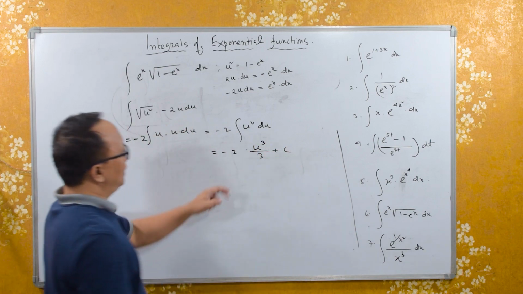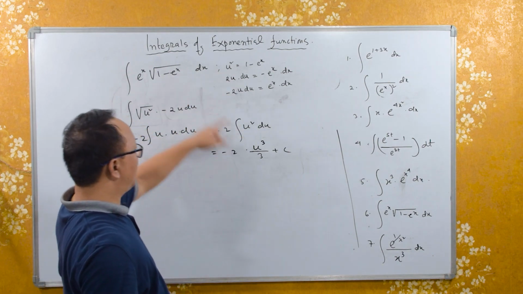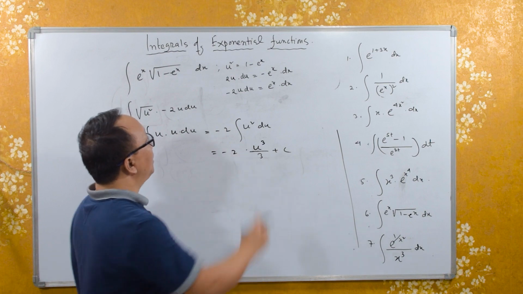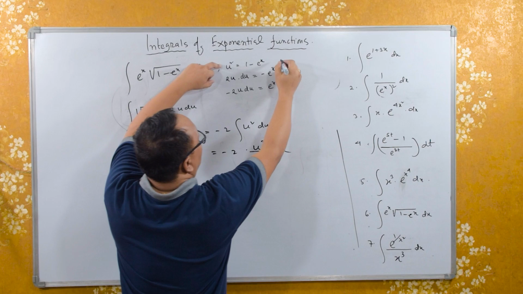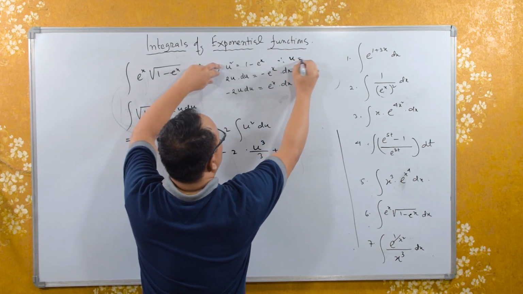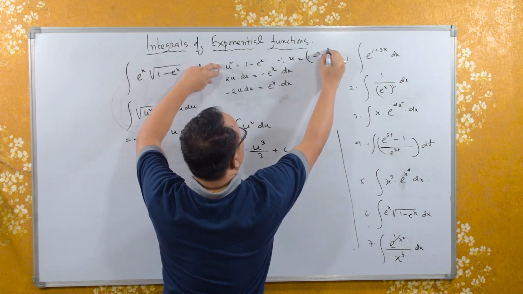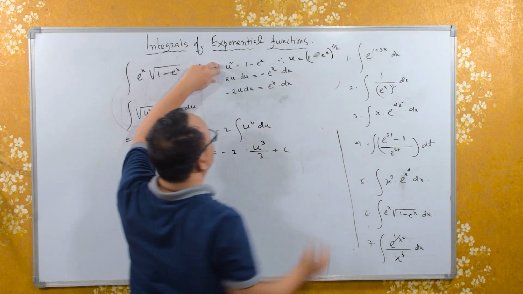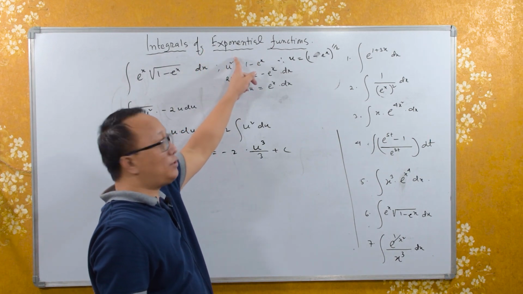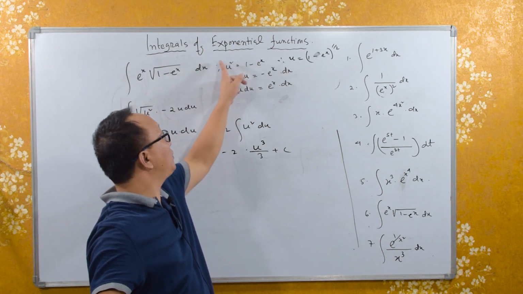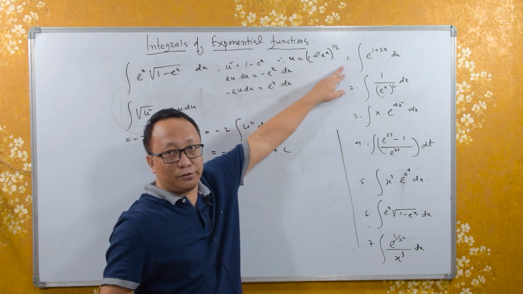Now you have to come back from u to x. You have to find what is u. From here, u equals 1 minus e raised to x, raised to half. If I take the square root on both sides, the square root of u square becomes u.